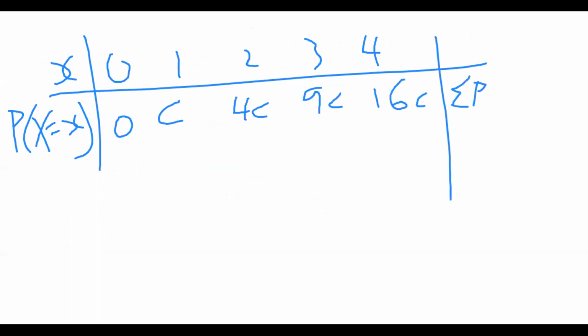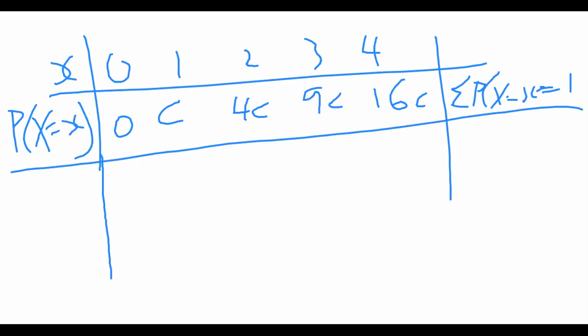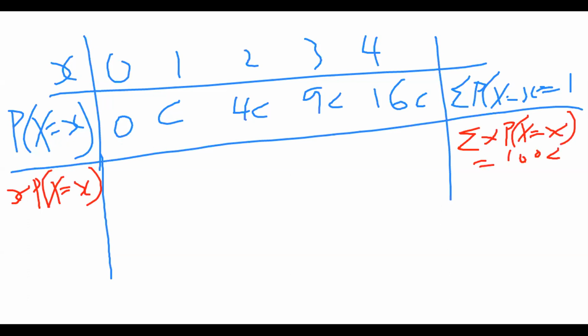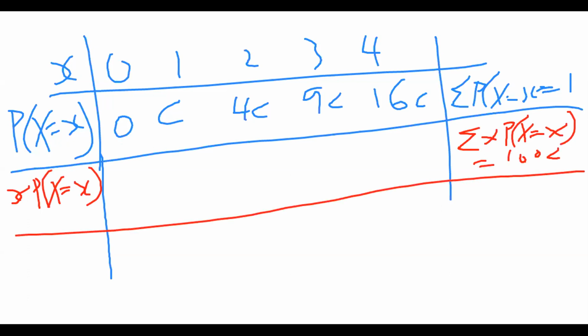Summation of all the probabilities of x equals to x equals to 1. So where we have the mean, I say that you simply multiply the x times the probability of x equals to x. And all of these ones we've got a summation of x into probability of x equals to x. We've got this as 100c, which we have finished.